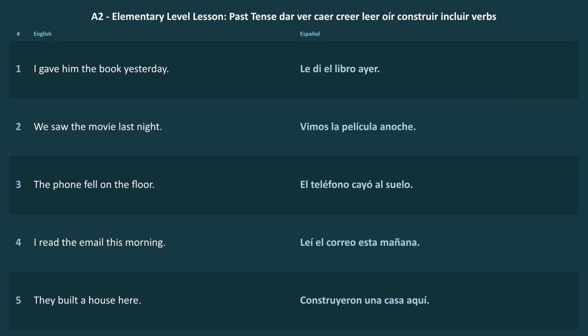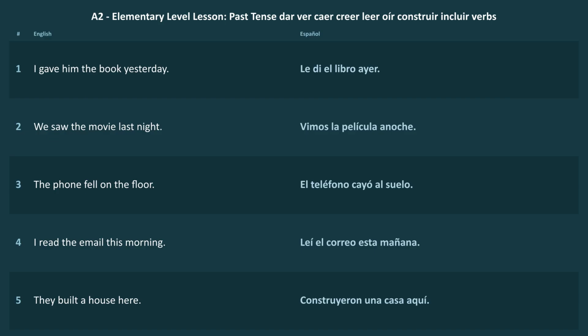Oí is I heard. And fourth, don't panic if you don't remember every full chart. At A2, what matters most is recognizing and using the common forms that come up all the time. Di, vi, cayó, creyó, leí, oí, construyó, incluyó, and their plural partners like vieron, leyeron, oyeron, construyeron, incluyeron.